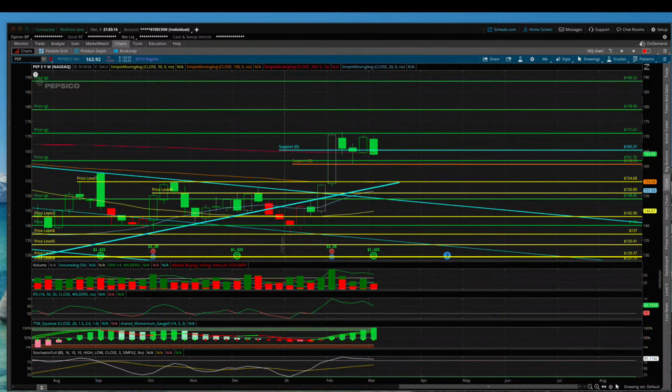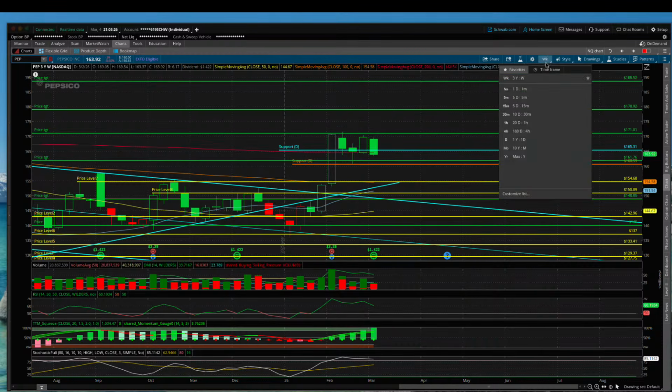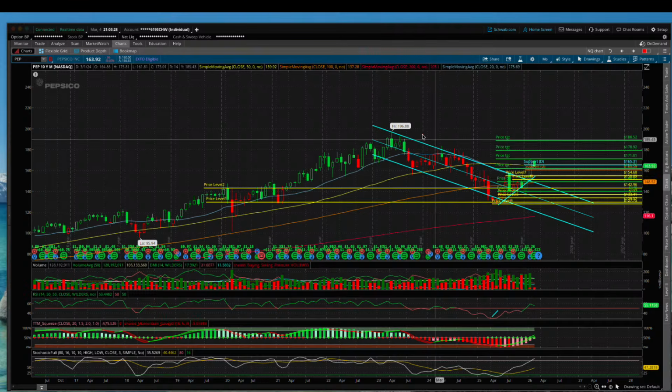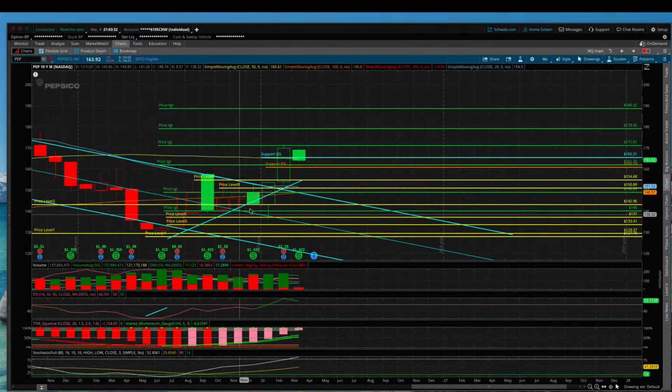Beautiful stock, beautiful setup. We have a weekly bull flag here, just going sideways. And it's not a bad thing, because with Pepsi we were in a long downtrend, we had that big breakout, and now we're just building a weekly bull flag.